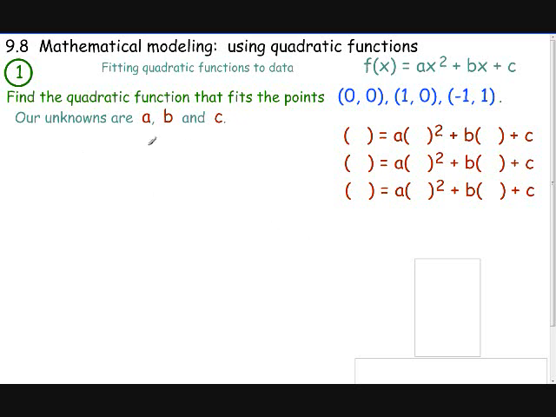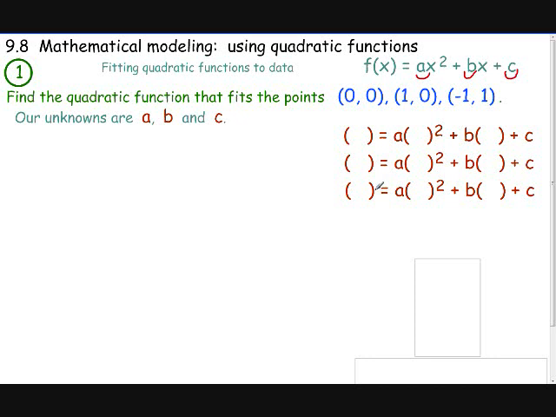Okay, so if we have 3 points, 0, 0, x is equal to 0, y is equal to 0, then when x is equal to 1, y is equal to 0 again. When x is equal to negative 1, y is equal to 1, I've got those 3 points. I have 3 unknowns. I do not know what A is, I don't know what B is, and I don't know what C is.